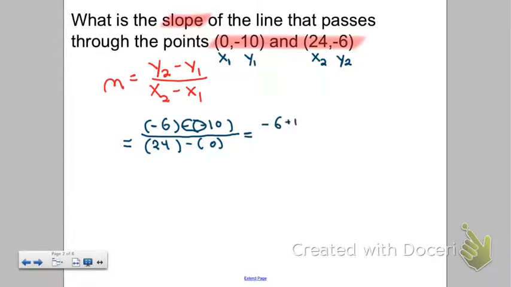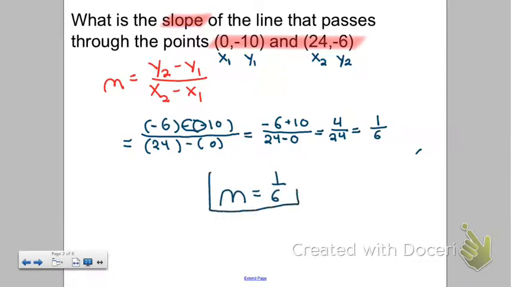So I have -6 plus 10 over 24 minus 0. -6 plus 10 is 4. 24 minus 0 is 24. You always want to reduce your slope as well. I can reduce this to be 1 over 6. So that means that my slope would be 1 over 6. And you always want to keep your slope as a fraction or as a whole number. I do not want to turn it into a decimal.